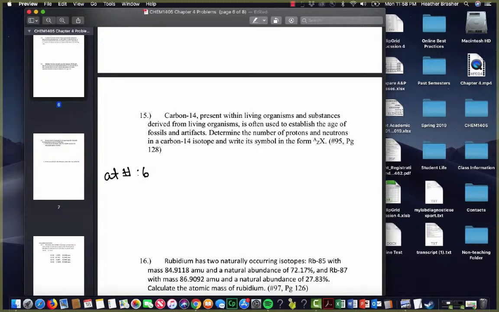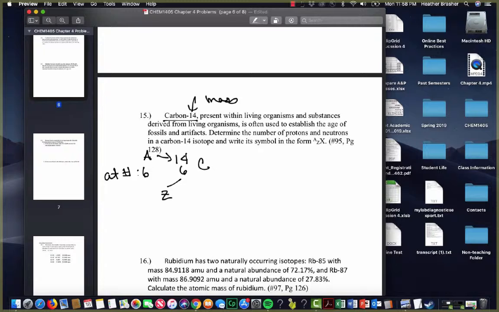Now, it says carbon-14 here, so this is telling us what the actual mass is. So for writing this, it's going to be 14 over 6 and our carbon like this. So essentially our Z is here, right? And our A is here.